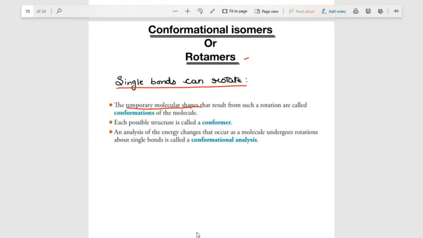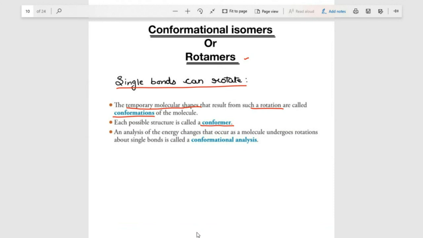Those temporary molecular shapes that result from such a rotation are called conformations of the molecule. And each possible structure is called a conformer. The phenomenon is conformational isomerism. The different possible temporary structures, they all together are called conformations.